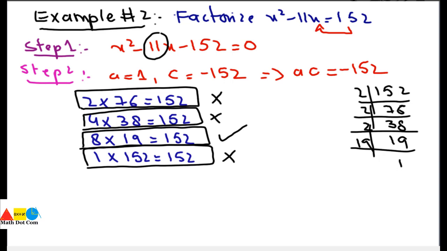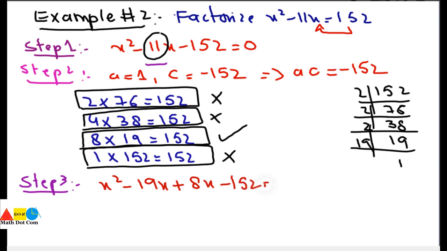So in step 3, we have to replace the 11 with this pair. Step 3 is to rewrite the middle term by breaking it into this pair. So x square minus 11x can be written using 8 and 19 as x square minus 19x plus 8x minus 152 equals 0.